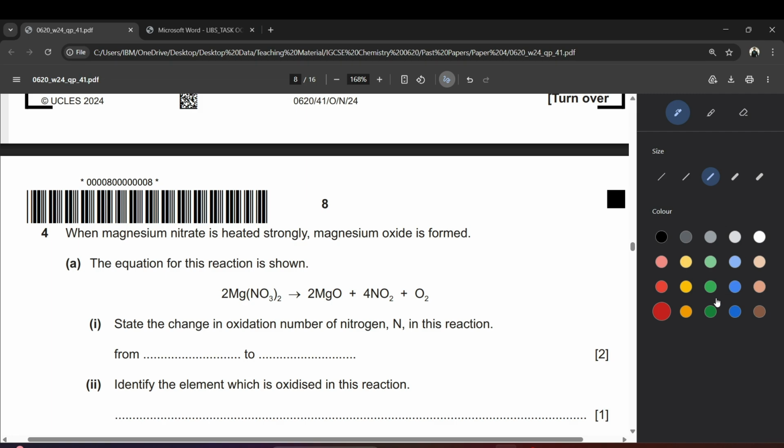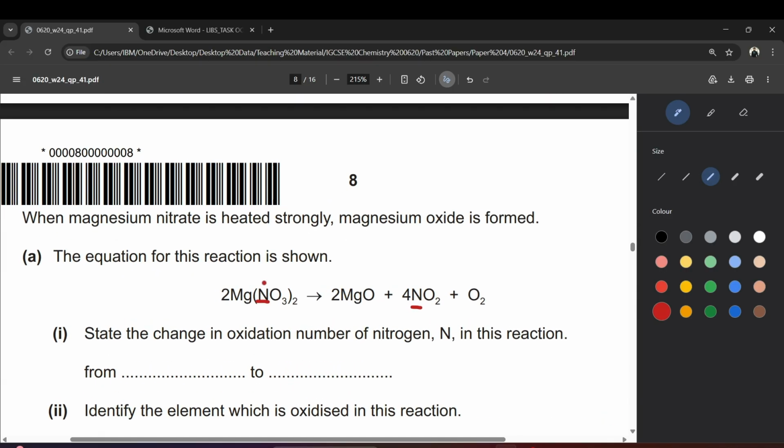We need to find out what is the change in oxidation number of nitrogen from here all the way till here. So let's see. The first thing that we're going to do is identify what is the charge over here, and that is something that we can represent by X. So we have magnesium nitrate. If I just consider 1 unit of magnesium nitrate, magnesium has 1 atom and it has a charge of 2 positive, right?